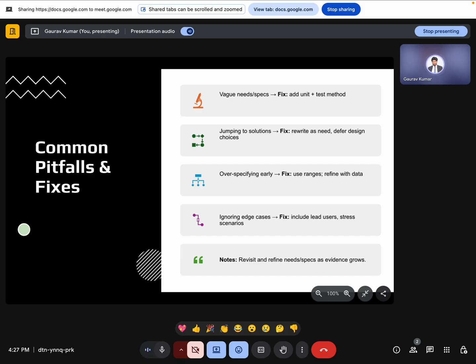So I include lead users and stress scenarios with ramps, crowded queues, and low-light navigation in our tests. Throughout, I revisit needs and specs as evidence grows, freezing only when the data justify it.